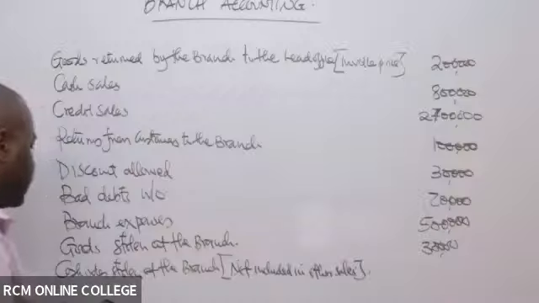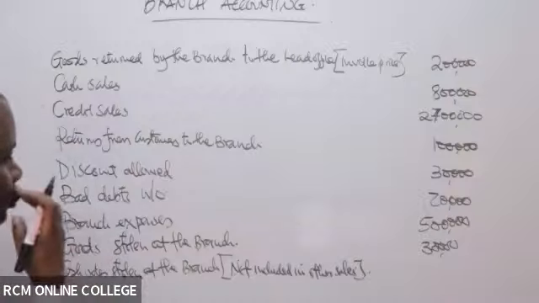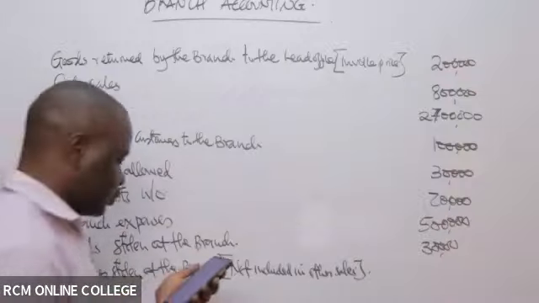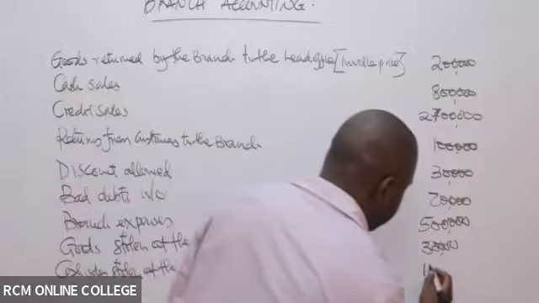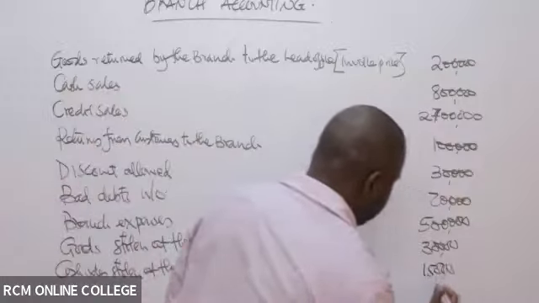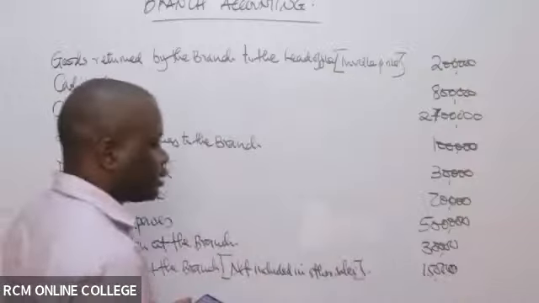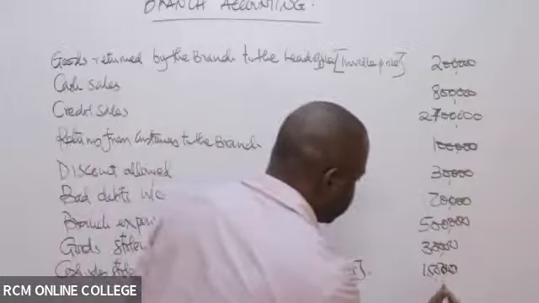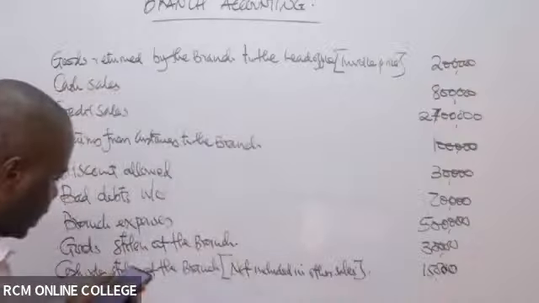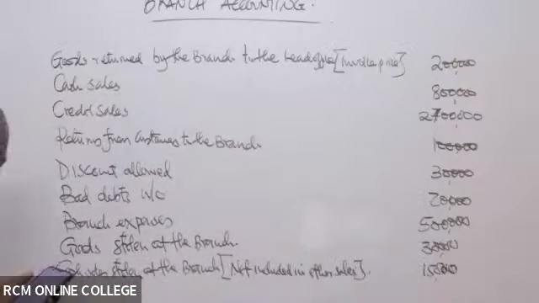So these cash stolen at the branch, which was not included in the sales, it was actually 15,000. So there was a cashier in Nakuru who was a crook. He made sales, then he stole 15,000 out of the sales.